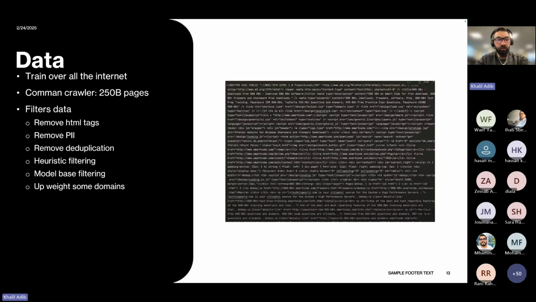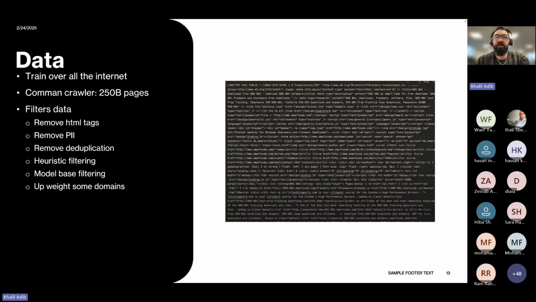There are some crawlers that crawl the internet every month. One of the most important ones is called Common Crawl. You can see they have more than 250 billion pages. This is a massive number, and it is growing over time because every month they go over every page, scrape it, and save it in the data set.